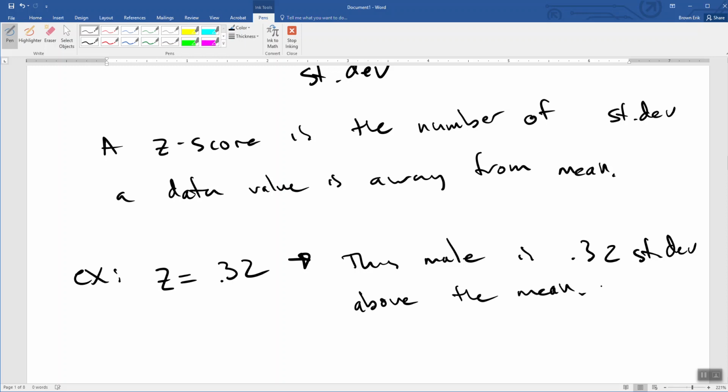And the practical interpretation of that is this particular male is just slightly taller than the average male.